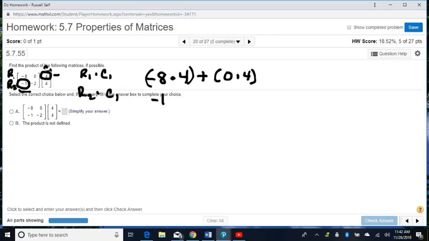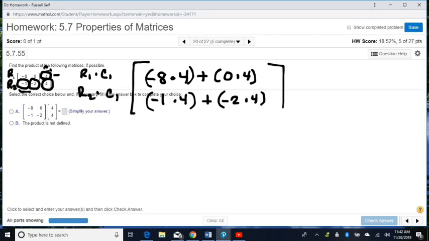So -1 times the 4 plus, then we'll take -2 times that 4. Don't like it that they used the same number, but we'll get over it. Okay? There you are. So now that we've multiplied all those things together, let's add them up to create our matrix.